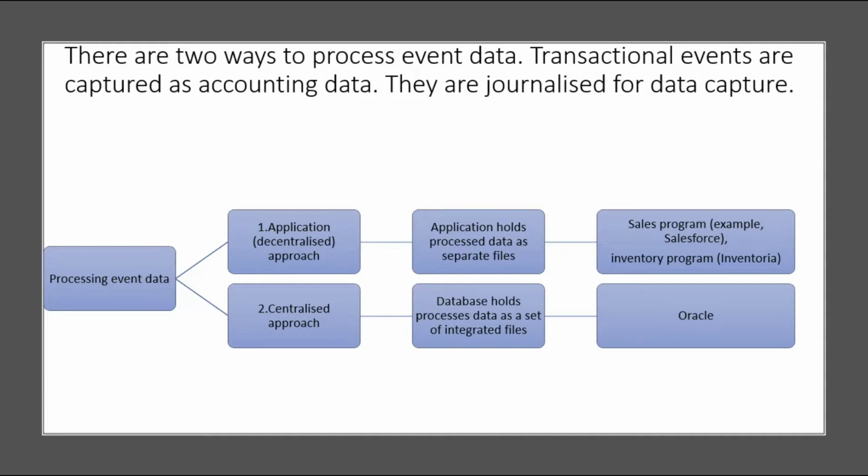In the application approach in database management, applications hold this data in separate files. For example, the sales program will have the sales data, and the inventory program will have inventory data.